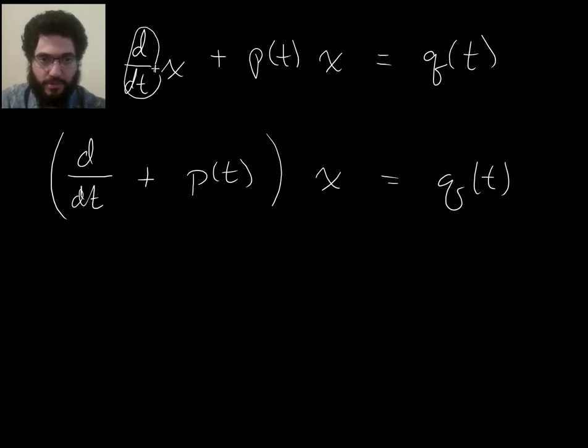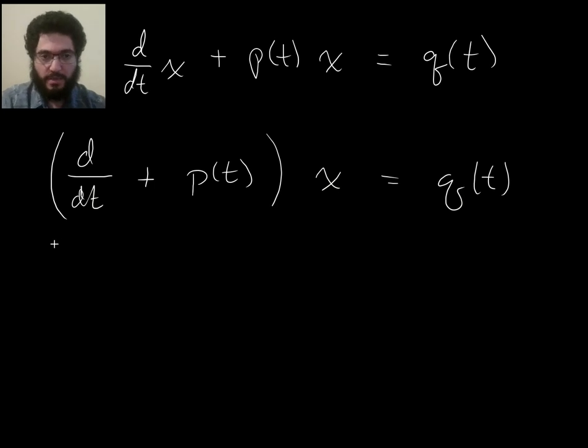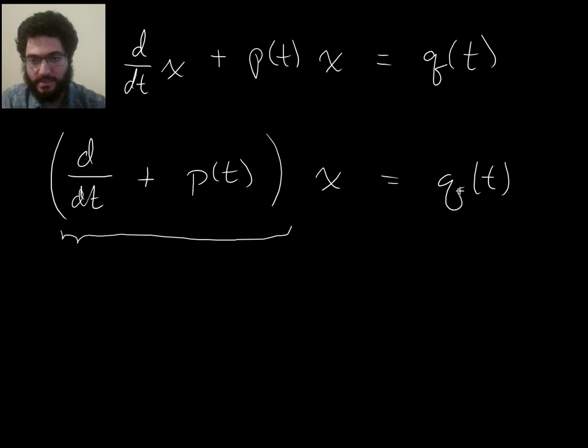So this is an operator that does something to this function. And then for this other term, I have a function of t getting multiplied by the function, which you can also think of as doing something to it, multiplying it by a certain function of t. And then here, I've rewritten it so that you see this overall operator acting upon x. So it's as though you've got this action, this thing that does stuff to functions, doing stuff to x, and then what comes out as the output is q of t.